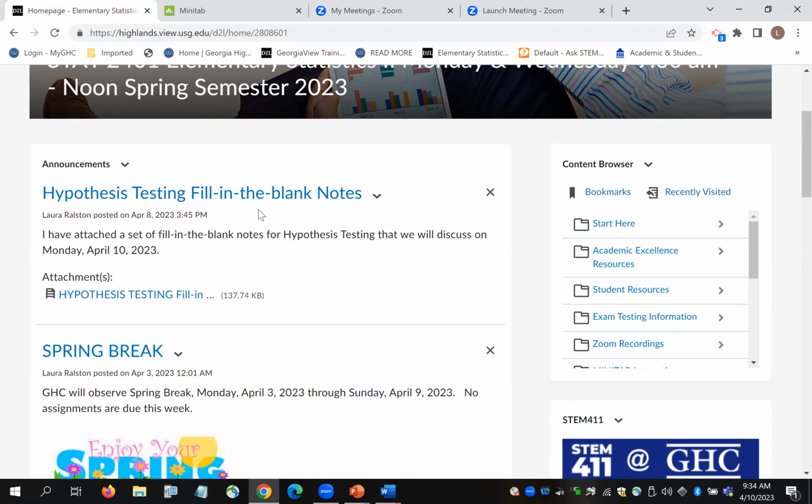The topic of hypothesis testing is going to be the topic of discussion really from now until the end of the term. We talk about a variety of hypothesis tests throughout Module 3 and Module 4.